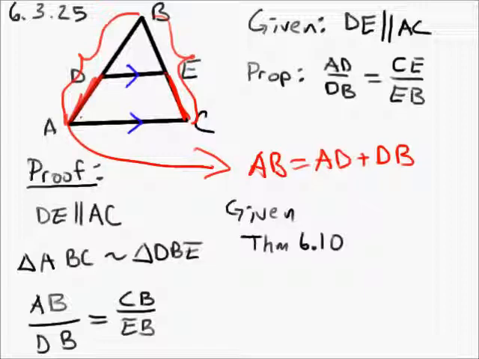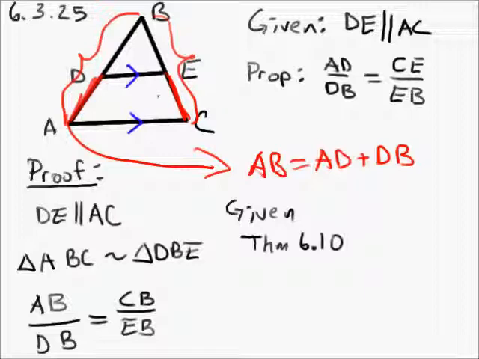That segment AB is equal to AD plus DB, the sum of the two smaller segments. Likewise, on this side, the long segment BC is equal to the sum of the parts BE and EC.